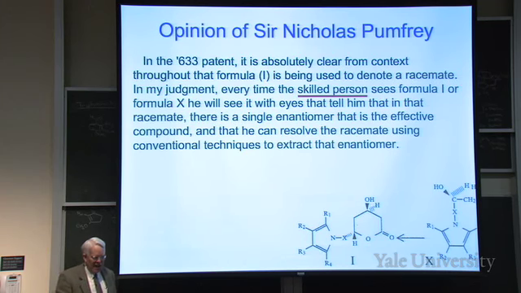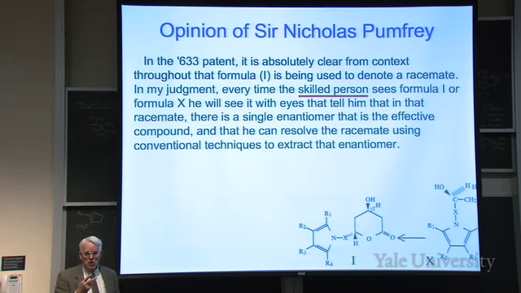He will see them with eyes that tell him that in that racemate, which is described in the text, there is a single enantiomer that is the effective compound. So even though what's described is both, the person that isn't very swift but is knowledgeable knows that within that, there'll be 2 mirror images, and one of them will do the trick and not the other one.